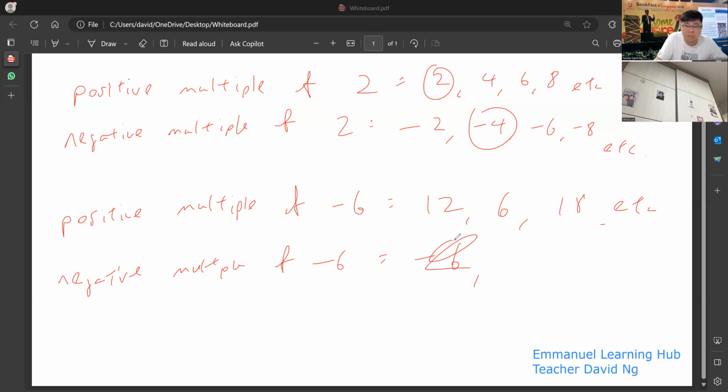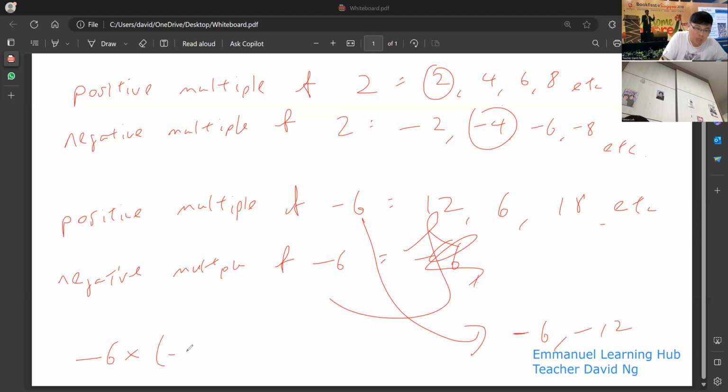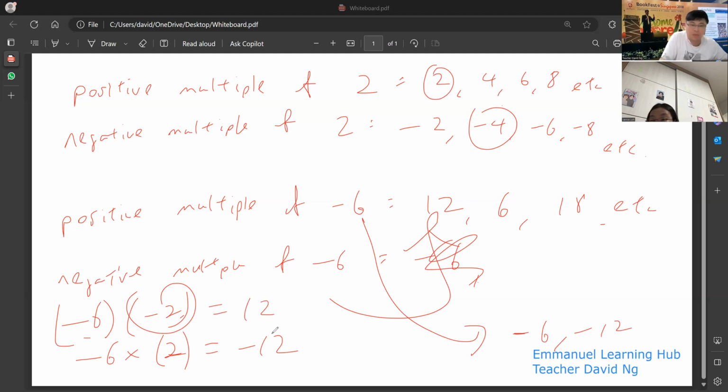Negative multiple. Hold on. Negative multiple would be this. Positive multiple, right, would be the negative 6. Because they want positive multiple. That means negative 6 times a positive number. Negative multiple of negative 6 is 12.